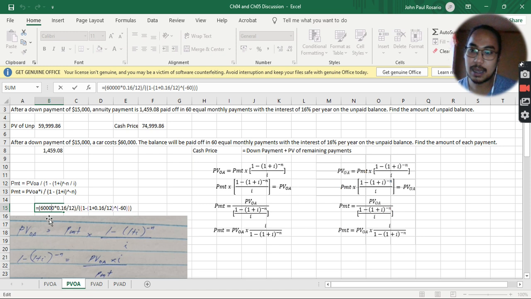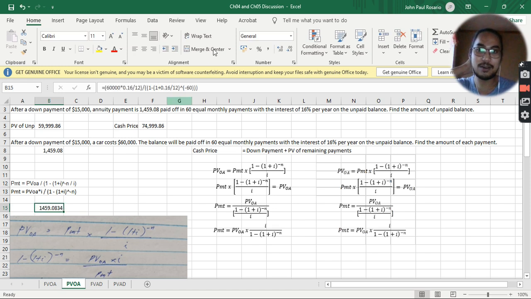That's 60,000, our present value of ordinary annuity, our unpaid balance, multiplied by I, so 0.16 over 12, multiplied by 1 less 1 plus 0.16 over 12, raised to the power of negative 60. So that should give us a payment of 1459.08.